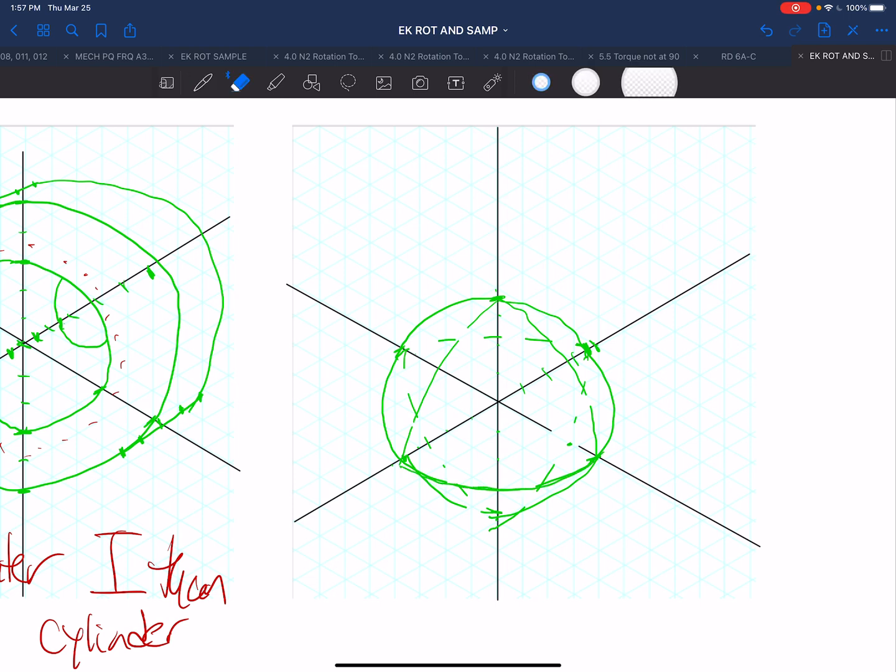And so to try to get a sense of this, we could be imagining that a piece of it's been cut out.